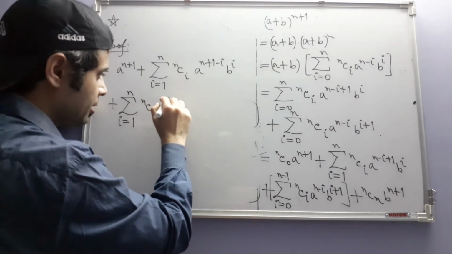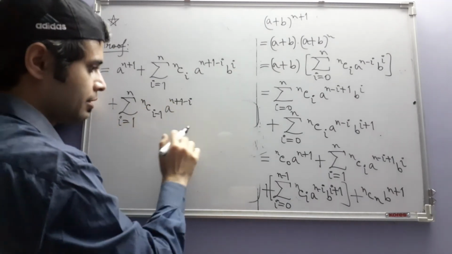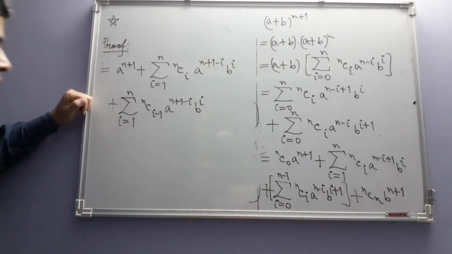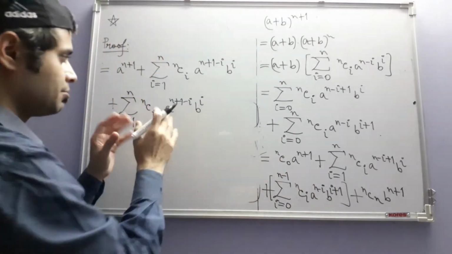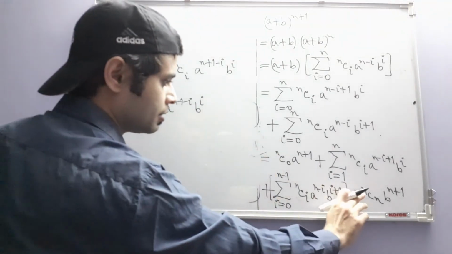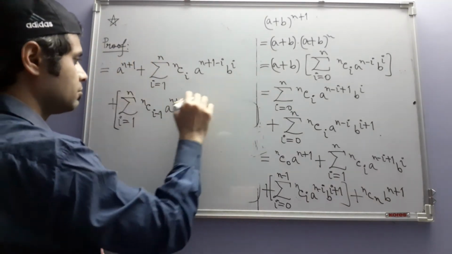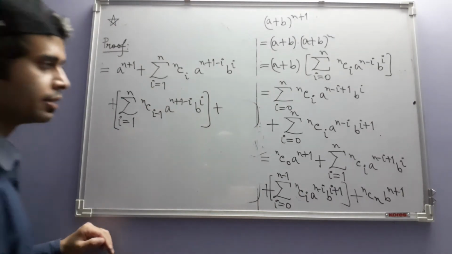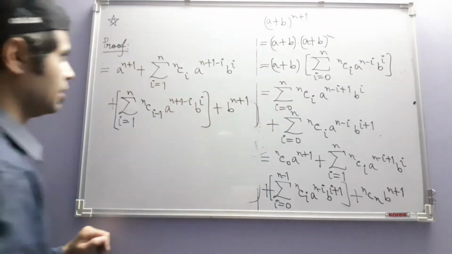So A to the power n plus 1 minus I. I have added a 1 and I am subtracting a 1 from here. B to the power I. So this sum and this sum, they are one and the same. And the last term NCN becomes 1 again. Okay, you can calculate B to the power n plus 1.